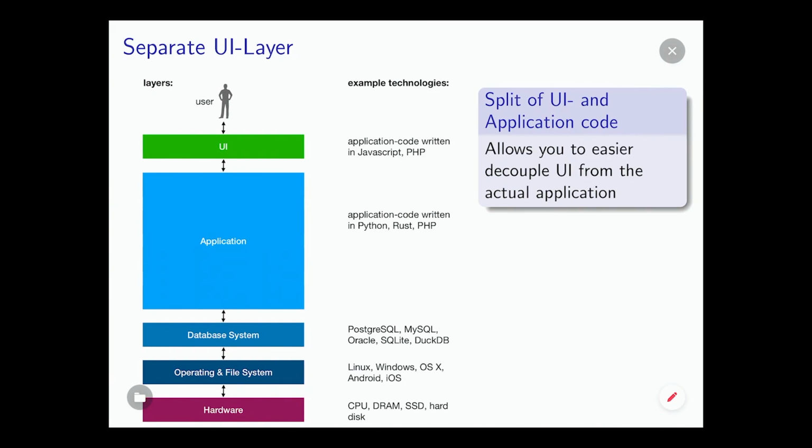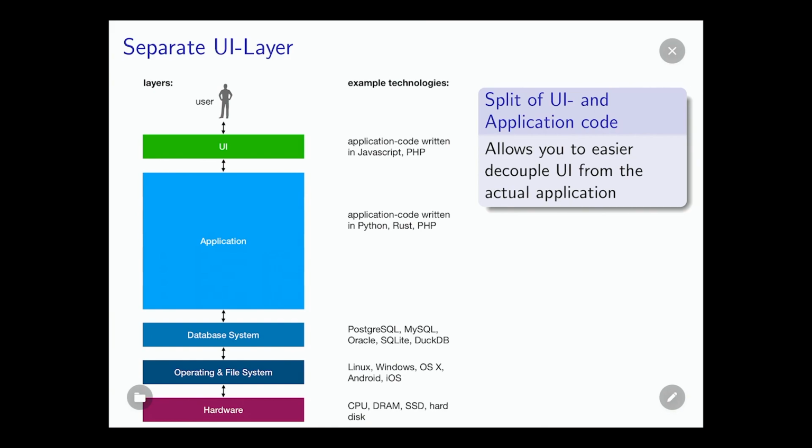There's a so-called impedance mismatch between the object-oriented world you're typically programming in and the relational world from the 70s, with flat relational tables. At this point, when you get data from the database system, or you send data to the database system to insert stuff, for instance, you have to convert tuples into objects and objects into tuples and so forth.